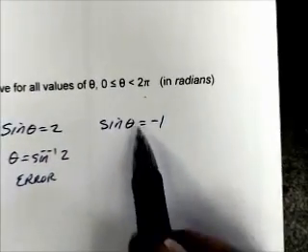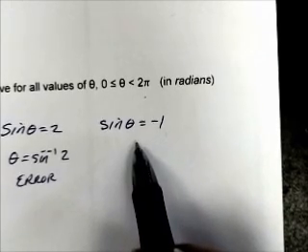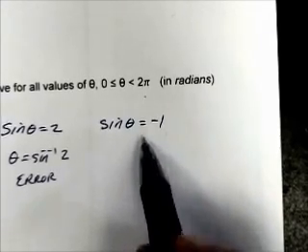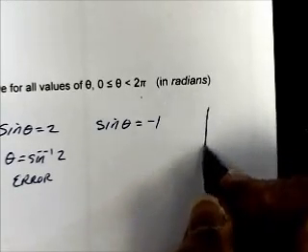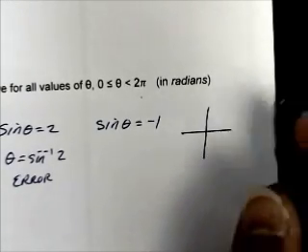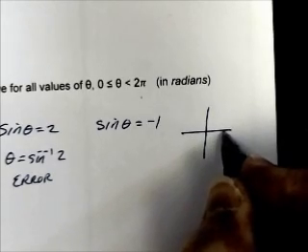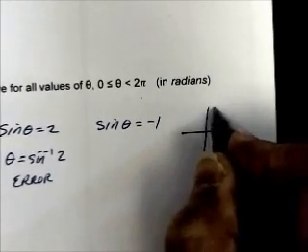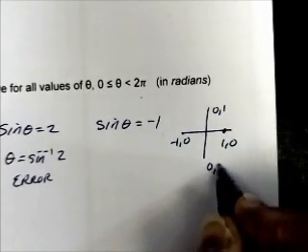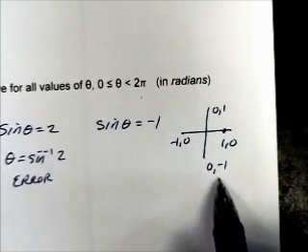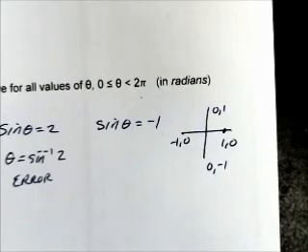Sine theta is equal to -1. Now, remember, when you get sine or cosine values of 1, -1, or 0, think of your quadrantal angles. Think of the unit circle and 1, 0, 0, 1, -1, 0, and 0, -1.